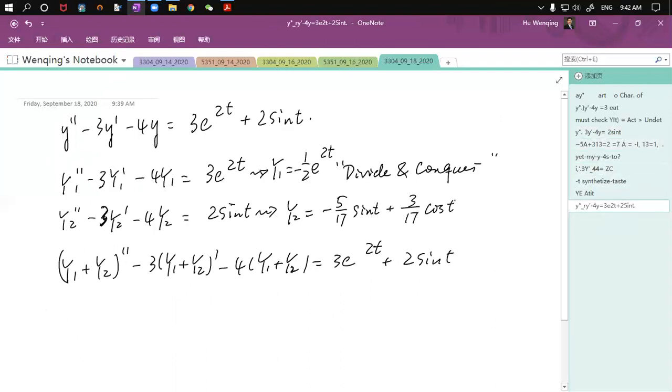Therefore, to obtain the solution, it suffices to try the linear combination: minus 1/2 of e to the power 2t, minus 5 over 17 of sine t, plus 3 over 17 of cosine t. You can try a combination of these two.